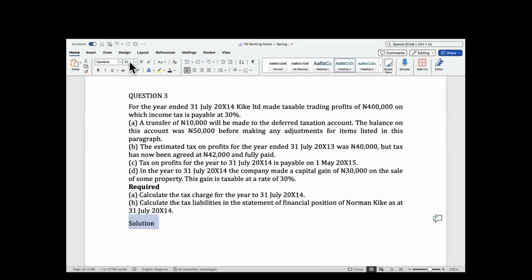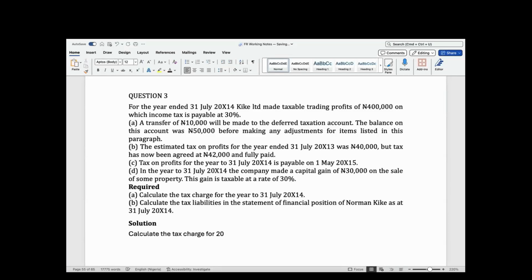So we're talking about how we should calculate the tax charge for 2014 and also the tax liabilities that go to the statement of financial position.